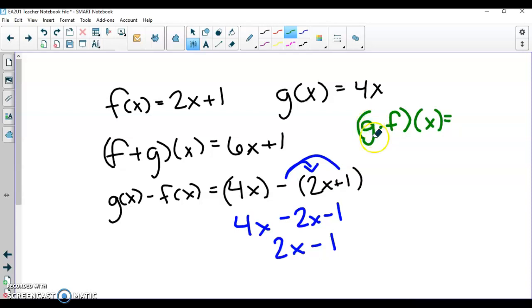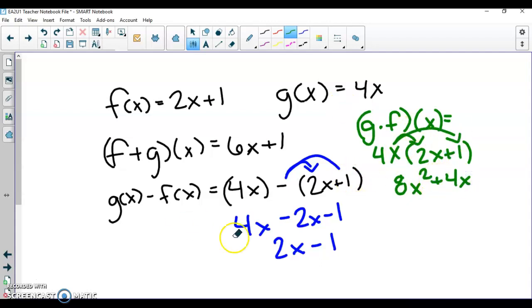So I have function g, which is 4x, and I will multiply it by 2x plus 1. So this is good old regular multiplication. 4 times 2 is 8. x times x is x squared. 4x times 1 is 4x. So this we already know how to do.